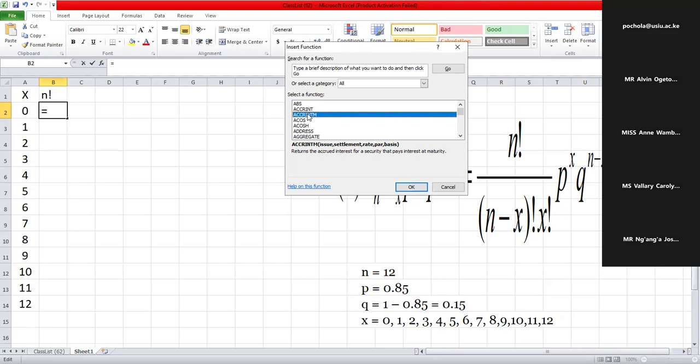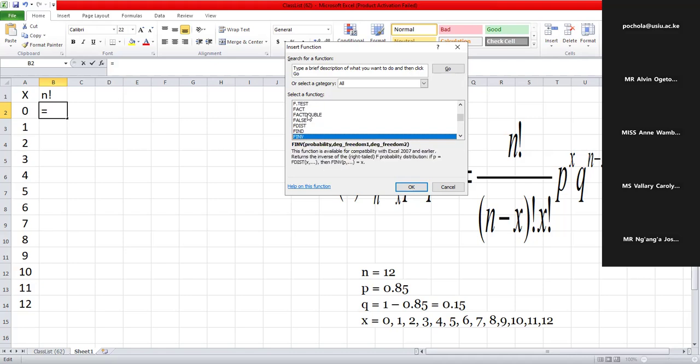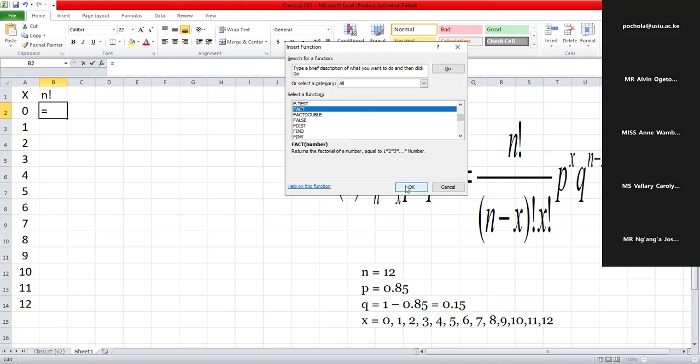So I press F until I get fact. Fact is somewhere up here. It is here. That is for factorial. Then I simply click OK.